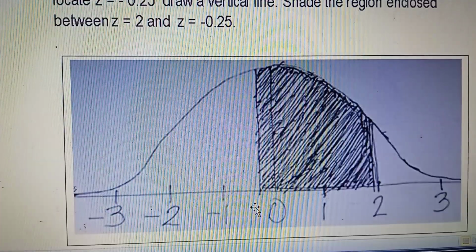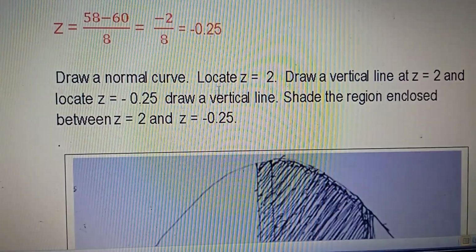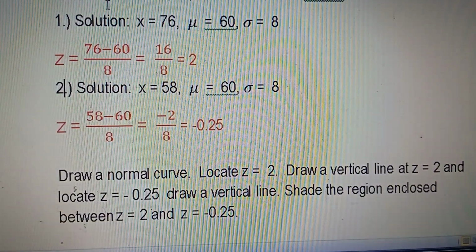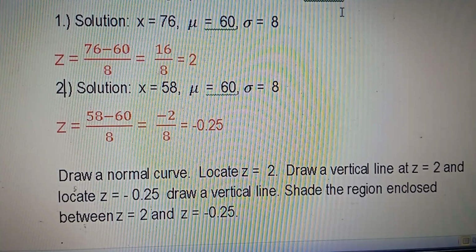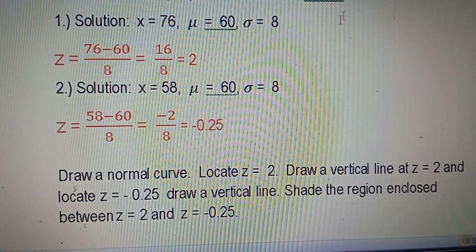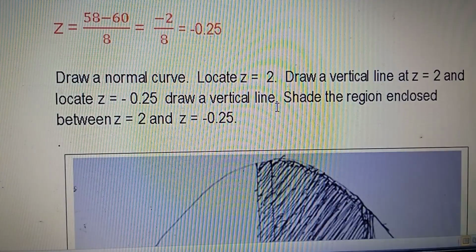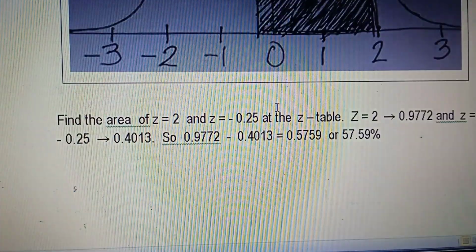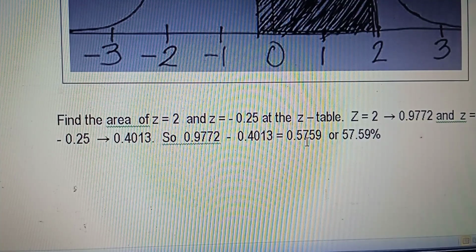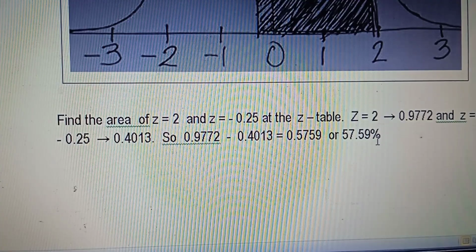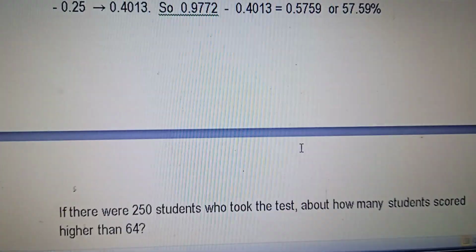So that means what part of the group scored between 58 and 76. So 57.59% of the group scored between 58 and 76. Okay, so the group is 57.59%.